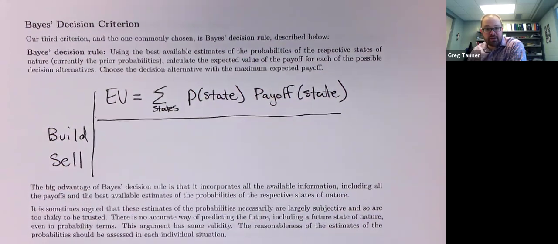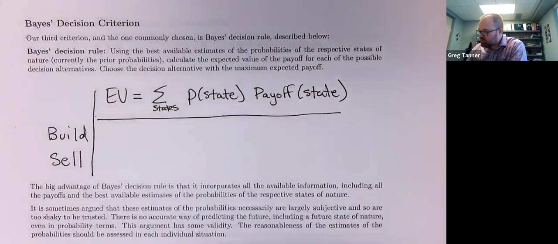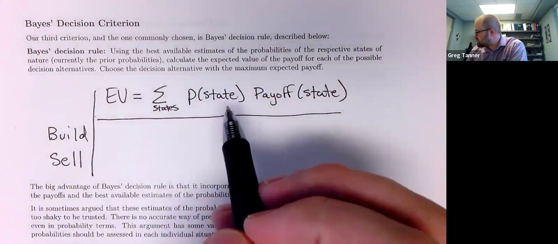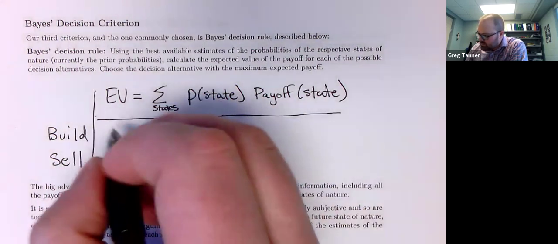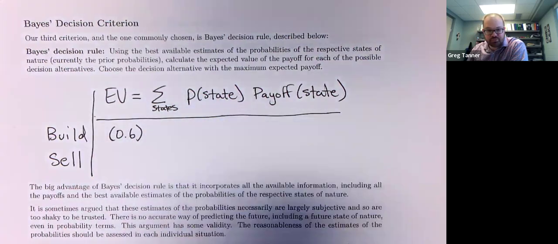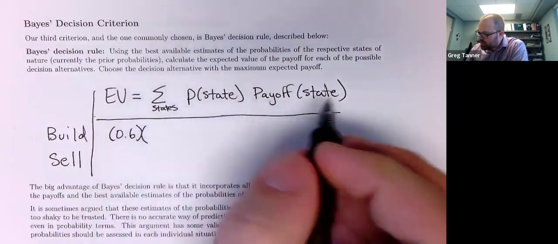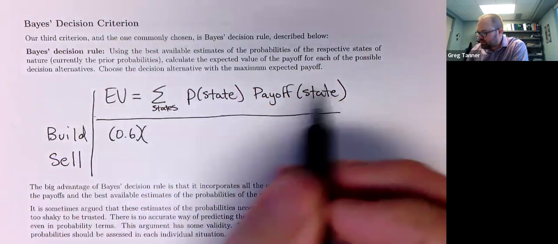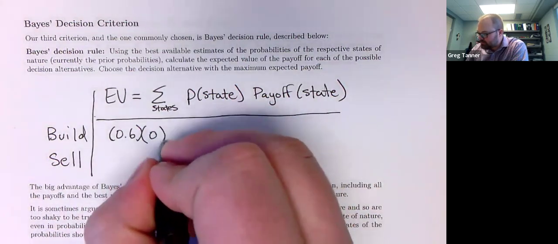So for build, we're going to take the probability of the first state. The first state is that we sell 10,000. So the probability of the first state is 0.6. And then we're going to multiply that by the payoff for the first state. And for build, the payoff for the first state is 0 million.